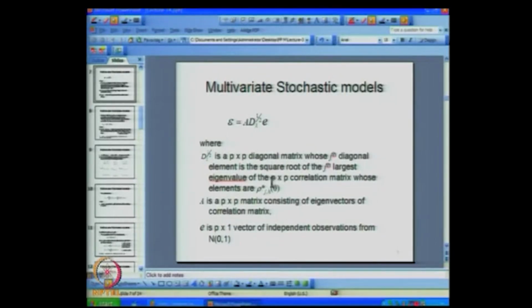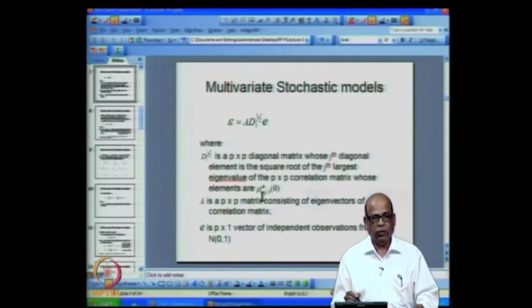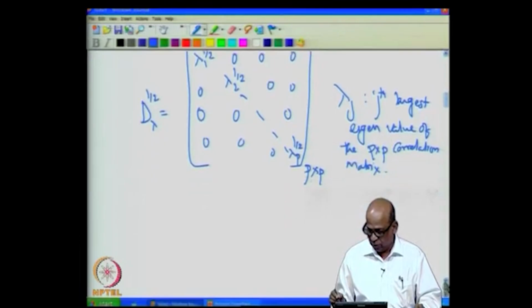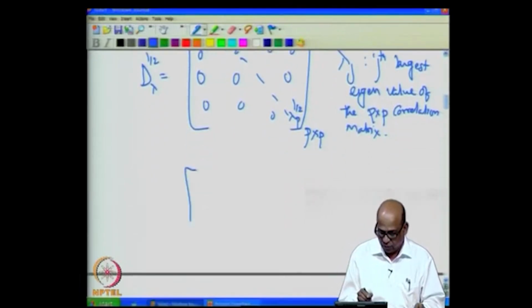So, first look at the p by p correlation matrix, with each of its elements as rho j h star 0. For clarity, maybe I will write that also. So, the correlation matrix that we are talking about is this, from which D is derived. Let us say I have 1, 2, 3 etcetera up to p and 1, 2, 3 etcetera up to p.